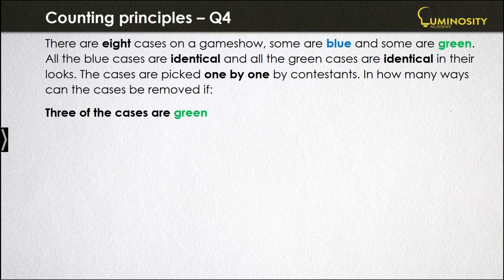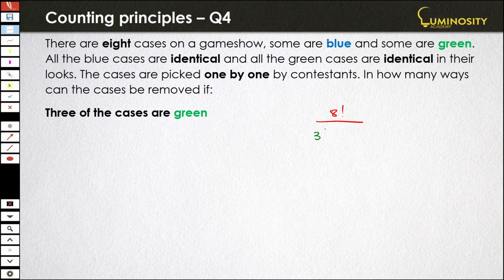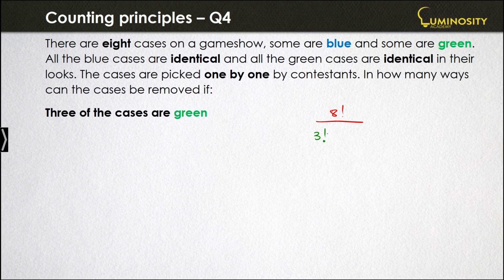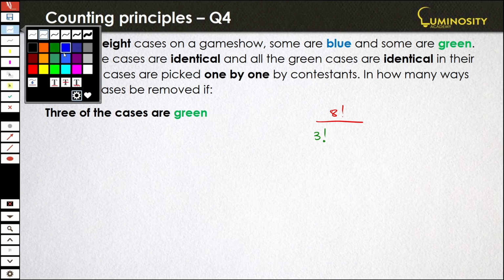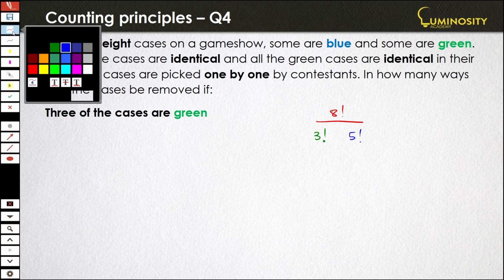Again, how many ways can the cases be removed if 3 of the cases are green? Now this time there are 8 factorial cases, but only 3 of the cases are identical in green color, times the 5 blue cases that will be identical in color, because there'll be 5 blue cases and 3 green cases.